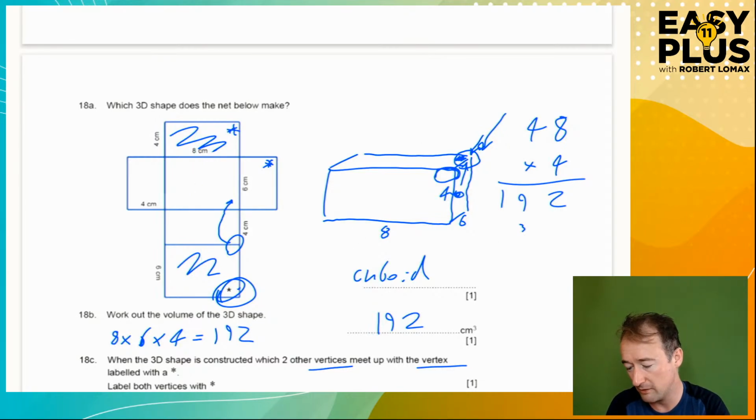If you sketch it this way around, and you could do it on its end, and then you could choose this or this as the bottom piece. It does not matter which face you choose as the bottom face of your cuboid, as long as you're consistent. You're still going to end up with the same corners on the net meeting. Right, super.